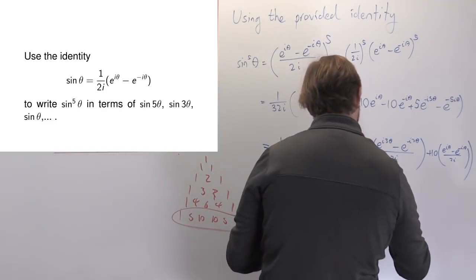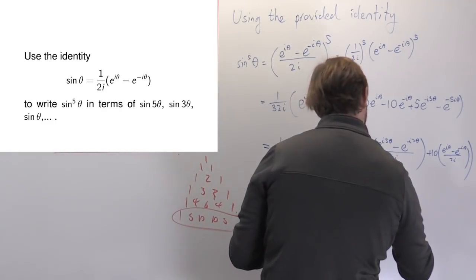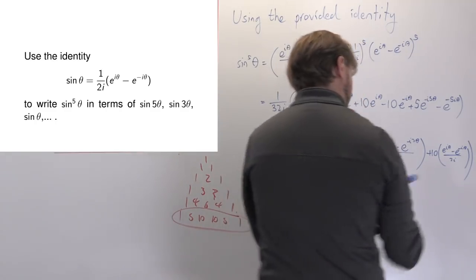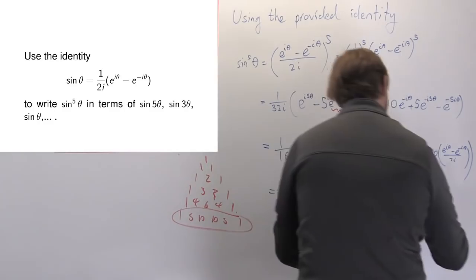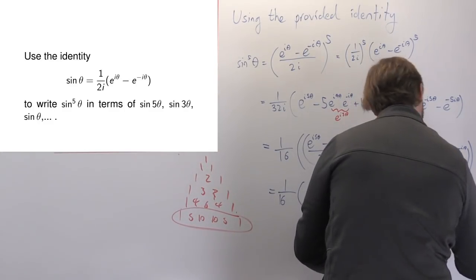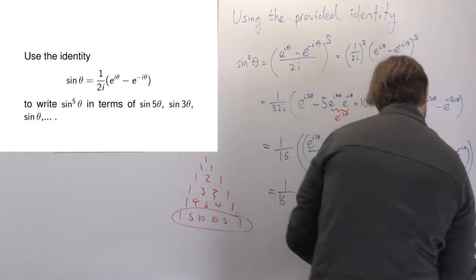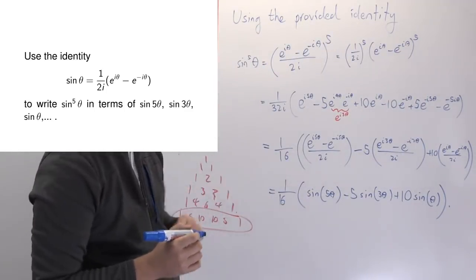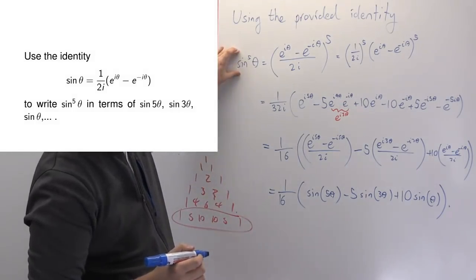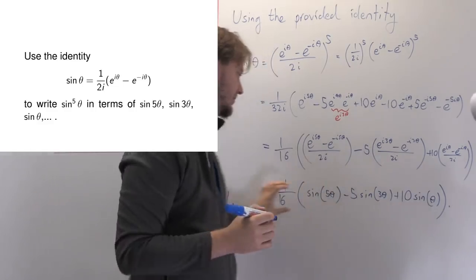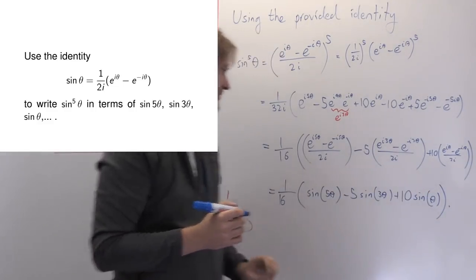Okay, minus 5 sine of 3 theta. And this last one is plus 10 times sine, just theta. And that's really all they want. So you now have this somewhat complicated sine in terms of just a nice linear combination of these simpler sines.